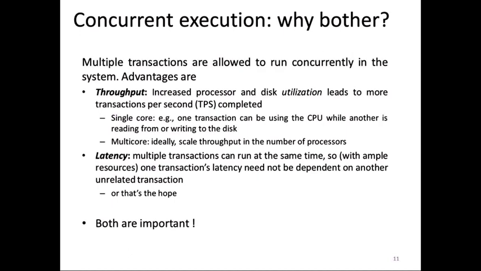Unsurprisingly, the answer is for performance and usability reasons. The system cannot afford to just give access to one user at a time over the data. And therefore, the system must enable and learn how to handle concurrent executions.